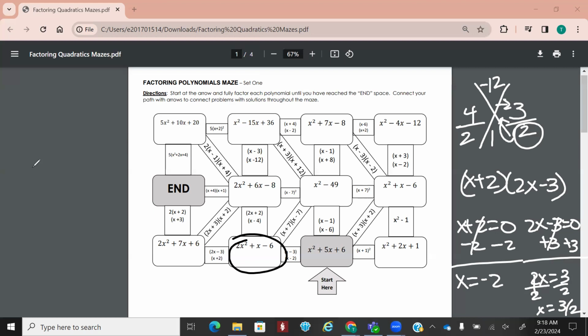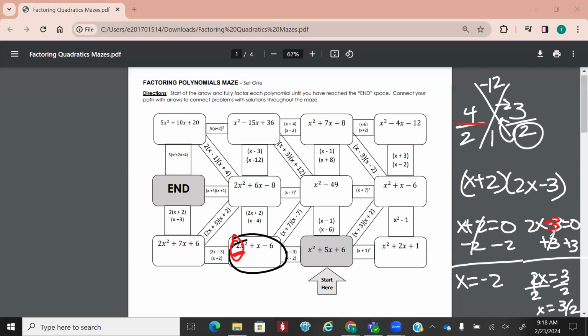So if a, the first term, is bigger than 1, whatever that number is, we're going to divide by it. Yep.